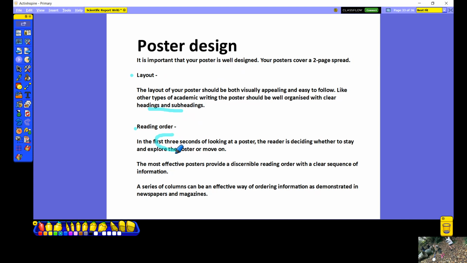In the first 3 seconds of looking at a poster, it's a really short amount of time, the reader is going to decide whether to stay and explore or move on. They might have other things to do, but you want them to stay there, be interested, and hear and learn from your scientific experiences.